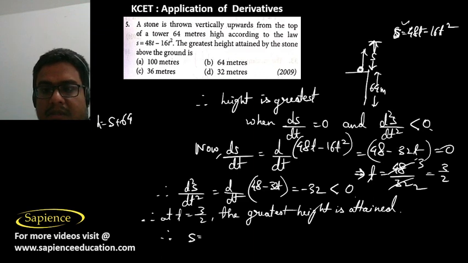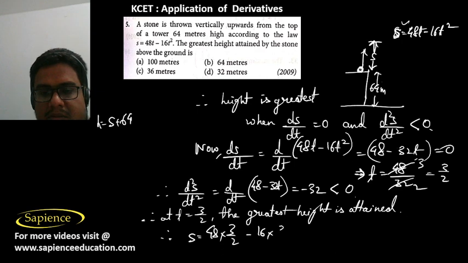So then we will get the height attained by the stone above the ground at t equal to 3 by 2.